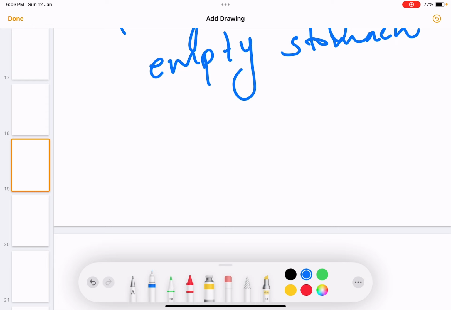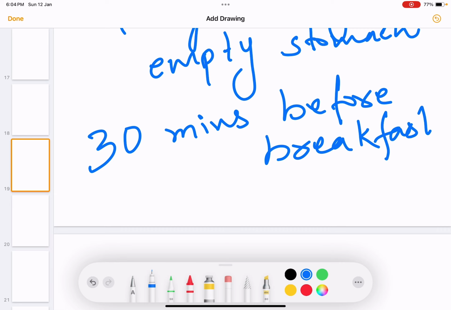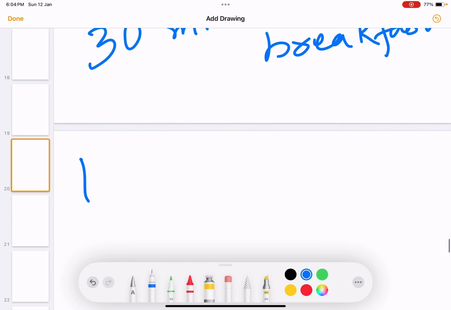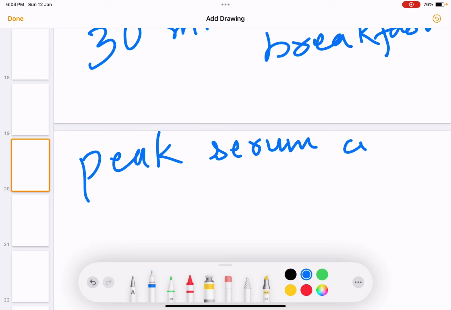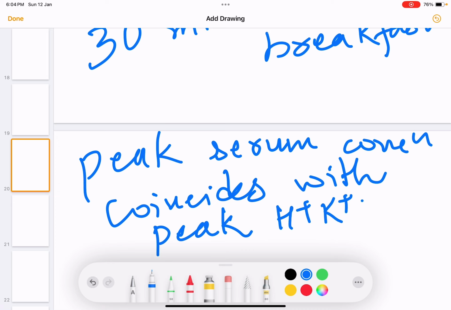So the patient is advised to take proton pump inhibitors 30 minutes before breakfast. Now when the patient takes a meal, the proton pumps become active and the peak serum concentration coincides with peak H plus K plus ATPase pump activity.